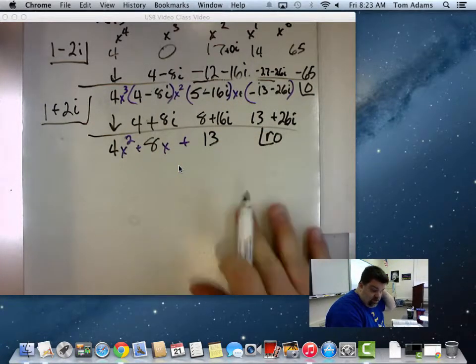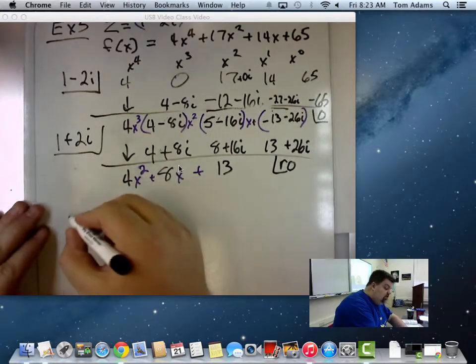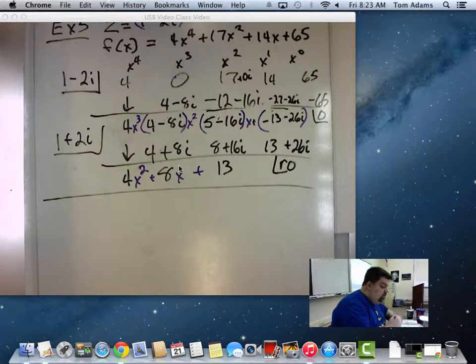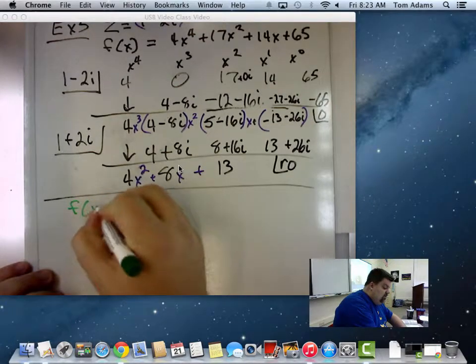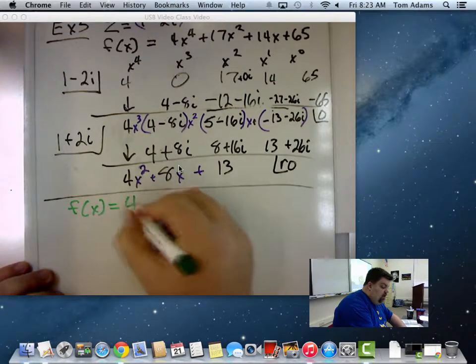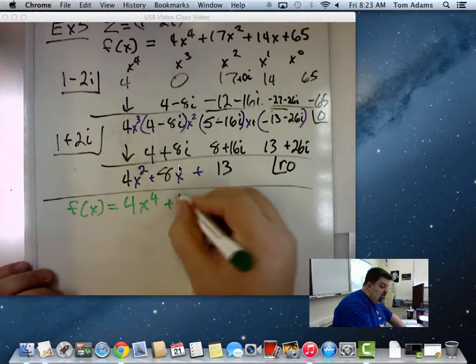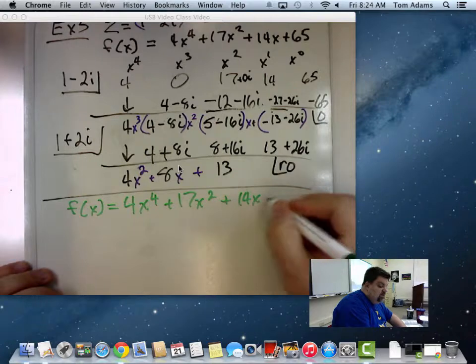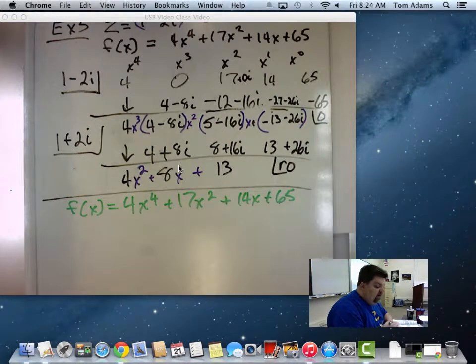So what I've done is I've taken this function, and let's rewrite the function so you guys can see it clearly. I've taken the function f of x, which is equal to 4x to the 4th plus 17x squared plus 14x plus 65, and I found many of the factors, but we're still not quite done.